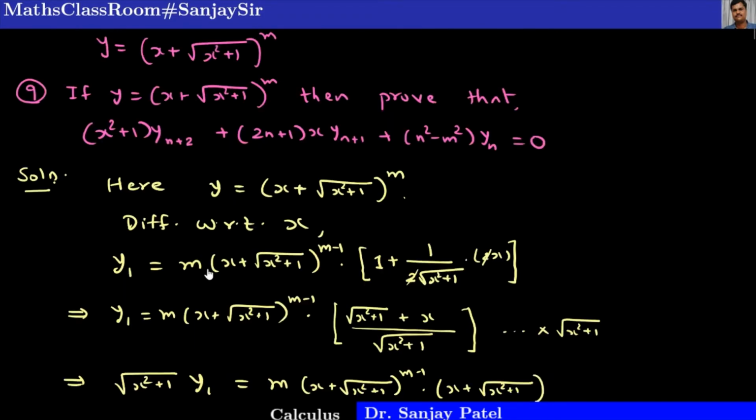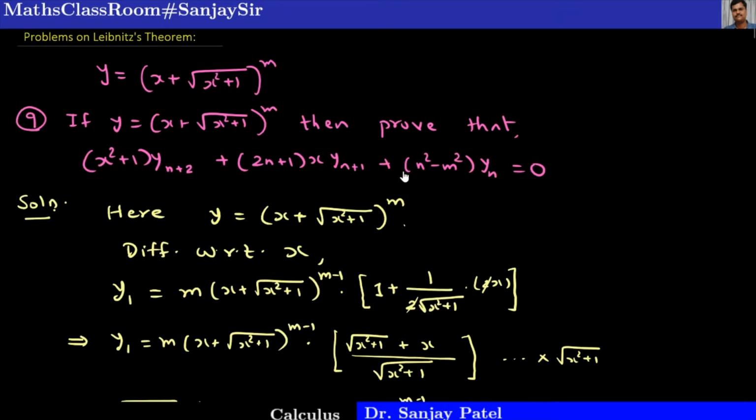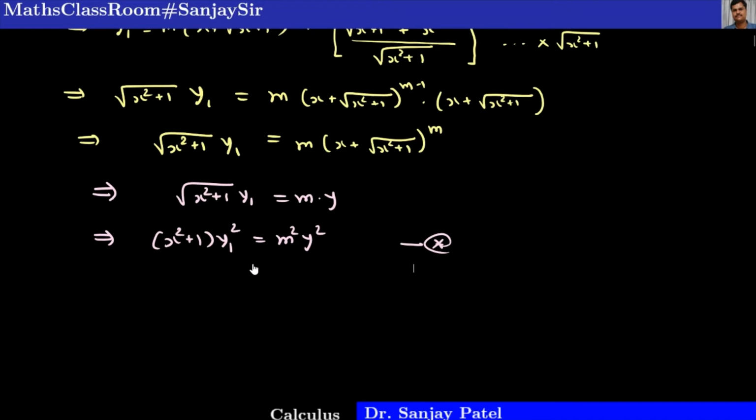Now, to obtain the required relation, we have to first find the relation between y1 and y2, because we already know how to prove such relations in nth derivative or Leibniz theorem problems. So again we differentiate this with respect to x on both the sides. On the left hand side we have product of two functions.